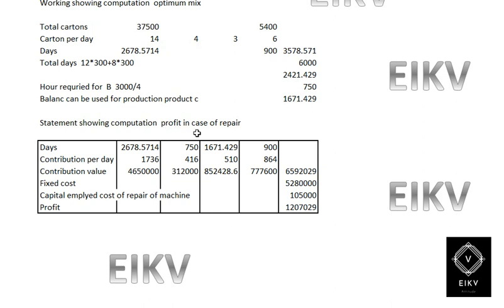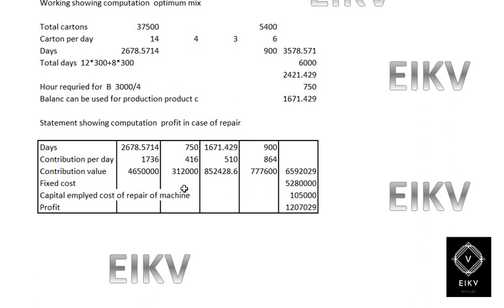Going further, statement showing computation of profit in case of repair. After repairing the machine, the days available will be 2,678.57, 750, 1,671.42 and 900, multiplied with contribution per unit will give you the total contribution value, that is 46 lakh 50,000 plus 3 lakh 12,000 plus 8 lakh 52,420 plus 7 lakh 77,600, which gives you 65 lakh 92,020.